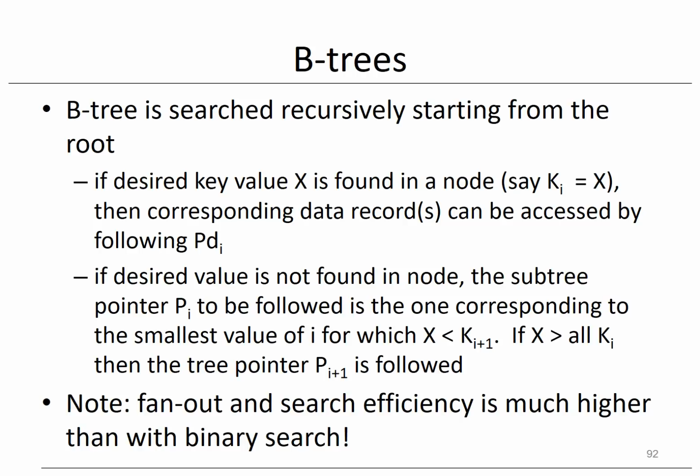This approach is again very similar to a binary search algorithm, but since the number of tree pointers is much higher than 2, the fan out and therefore search efficiency is much higher than with a binary search.